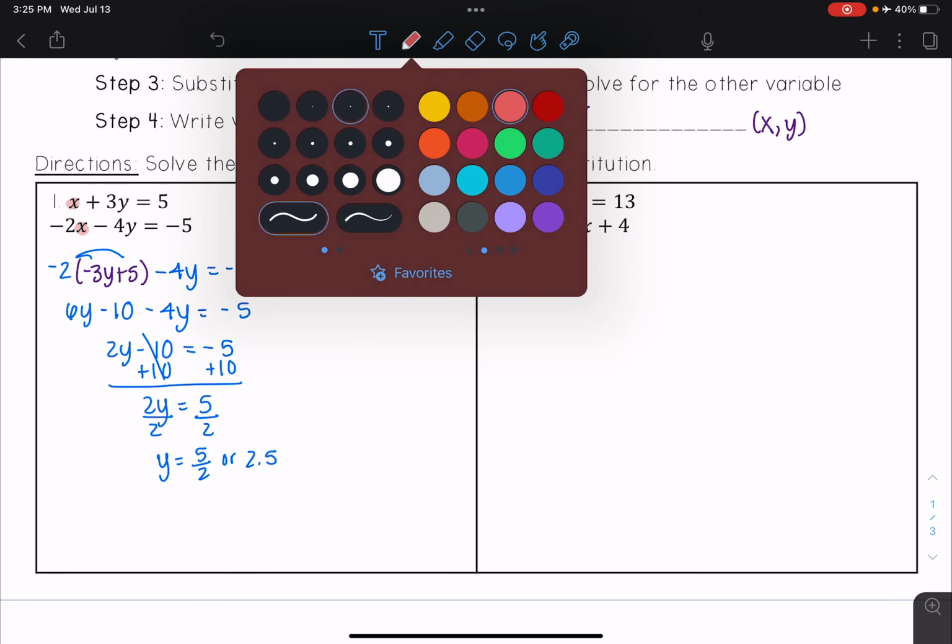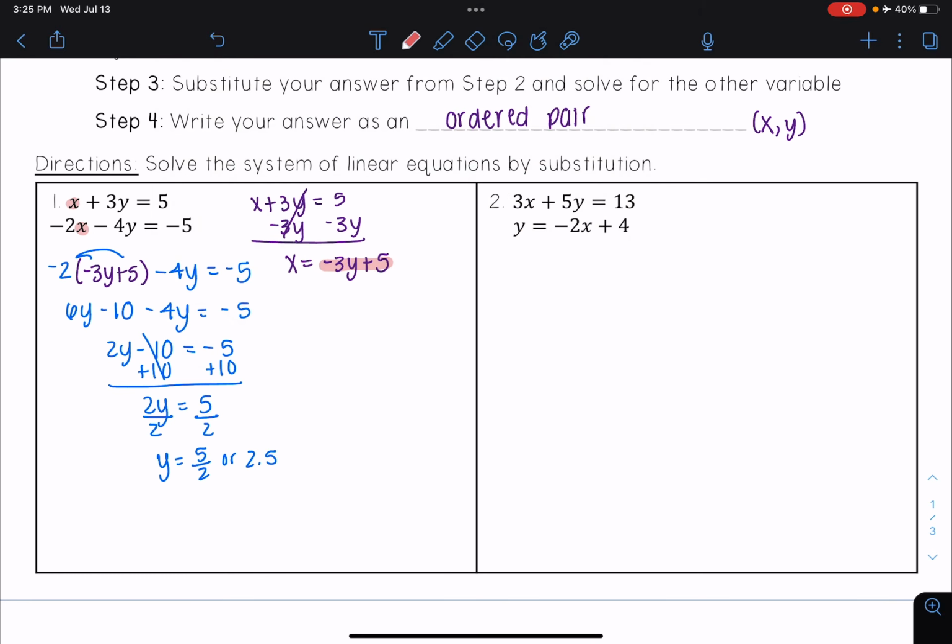Now for my last step, I need to find what x is equal to. So I can take either equation, but I'm going to go ahead and do the top one because x doesn't have a coefficient in front, and I'm going to plug in my y value in there. So I'll go ahead and plug it in as the fraction. So I have x plus 15 halves is equal to 5.